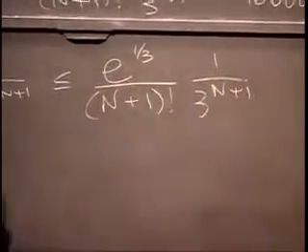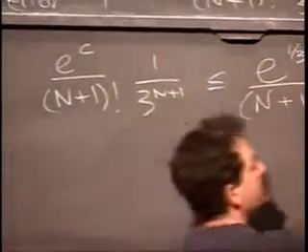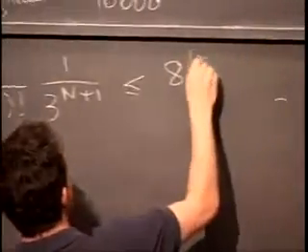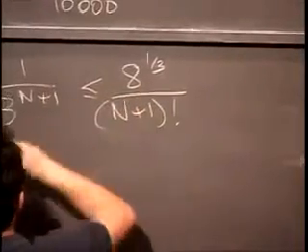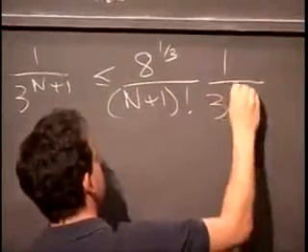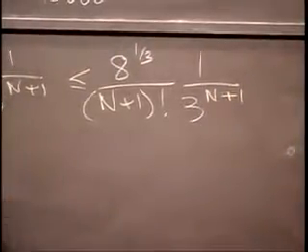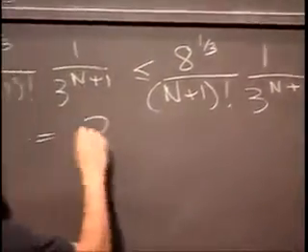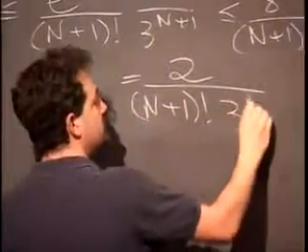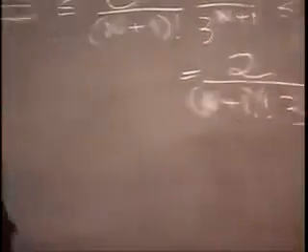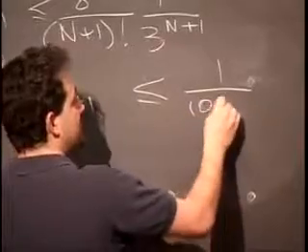And again, I'll do my trick of saying that this is less than or equal to e to the 1/3, which is less than 8 to the 1/3, because we can play around as long as we don't make things smaller. We can make things bigger, which of course equals 2 over (n plus 1) factorial times 3 to the n plus 1. And the main advantage is I've gotten rid of the c. So I want this to be less than 1 over 10,000 again.